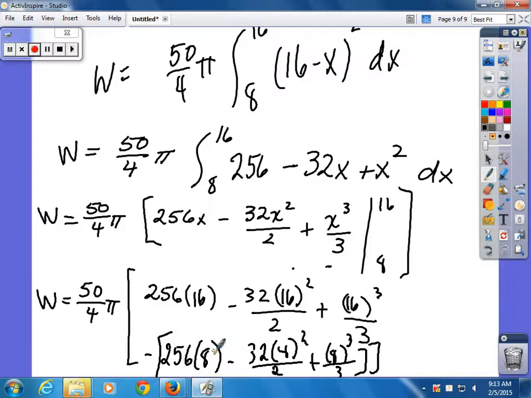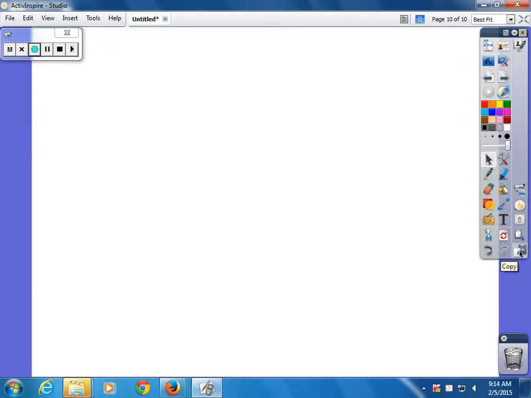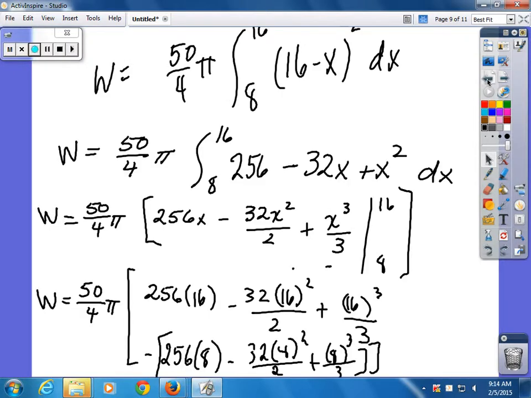So I'm going to copy that over to the next page. Copy the whole page.